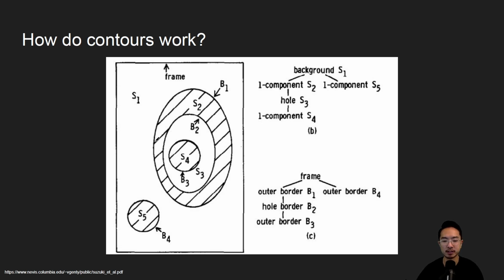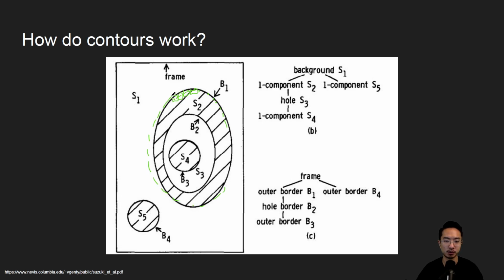Okay. So how do contours work? The way it works is usually you're going to have a bunch of pixels, and maybe the pixels could be considered like a certain area or region. Let's say these are pixels. You would just follow along the region boundary, and then you keep following until you close the loop.